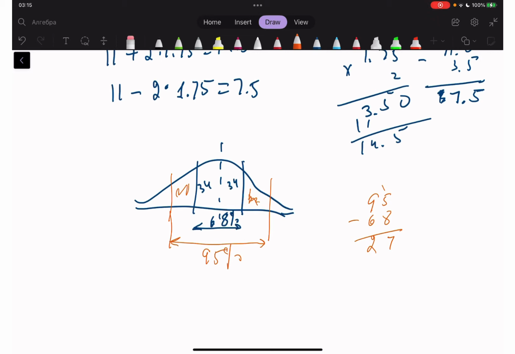We need to divide by 2 to get this area. 27 divided by 2 is 13.5. So this is 13.5. And the third one is going to be 99.7%.